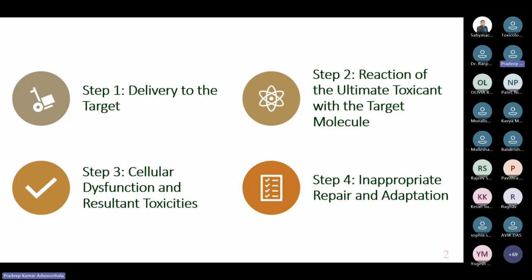In the second step, the reaction, after delivering to the target site, the molecule undergoes some reactions and forms a relevant molecule, and it shows its effects in different ways, like formation of nucleophiles, free radicals, oxidants. After forming all these, it shows its toxicity.